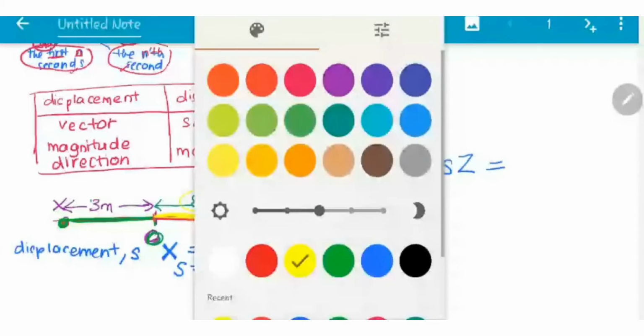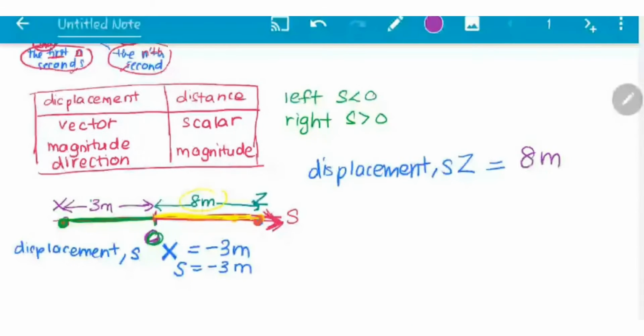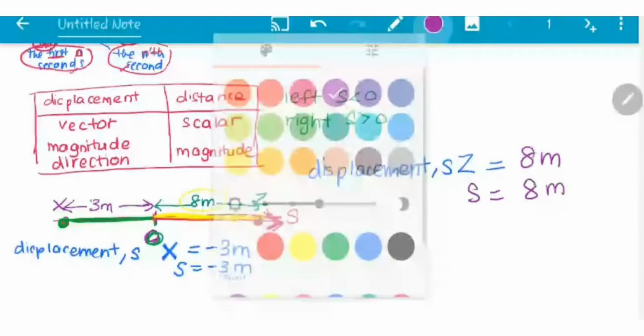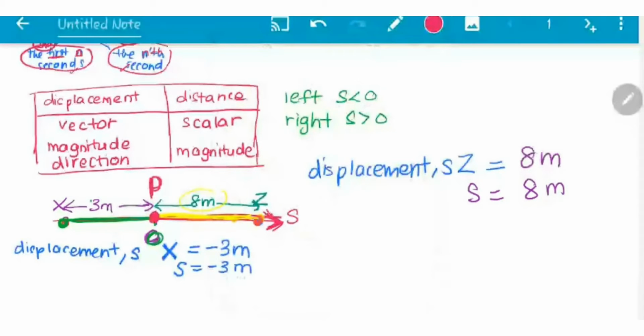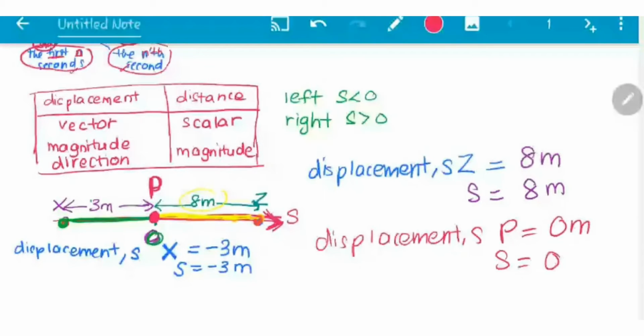You can write as S equals 8 meter. And displacement of, katakan dekat sini you ada letter P. P is at origin O. So maknanya displacement of P is 0 meter. S equals 0. Okay, so at origin, value of S is always 0.